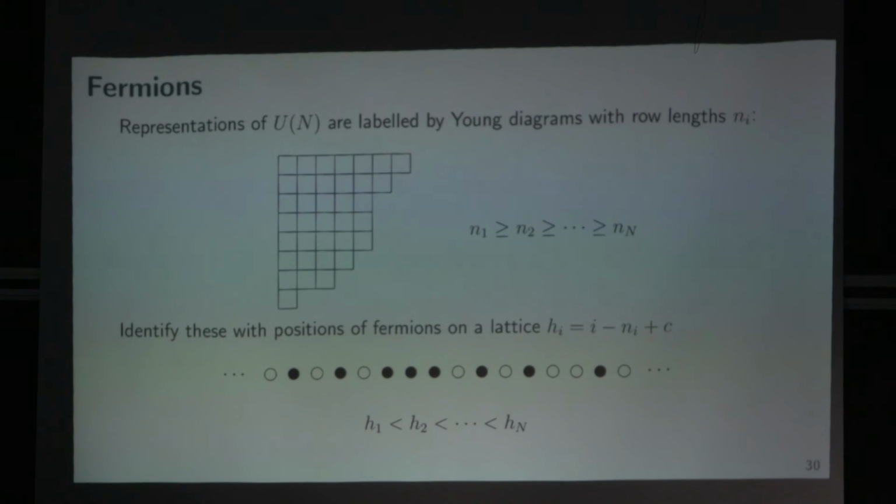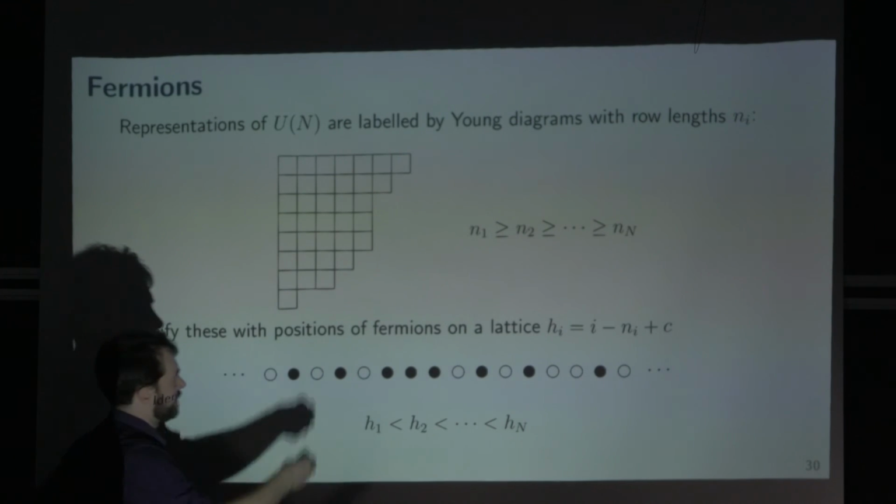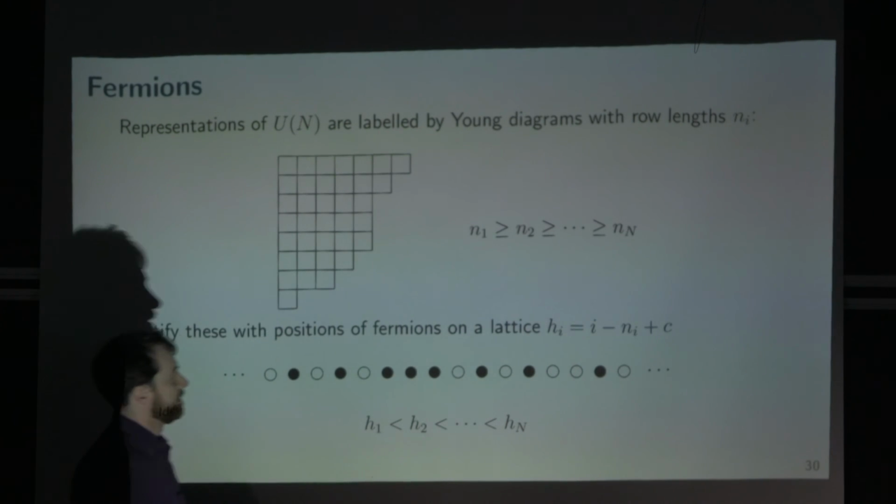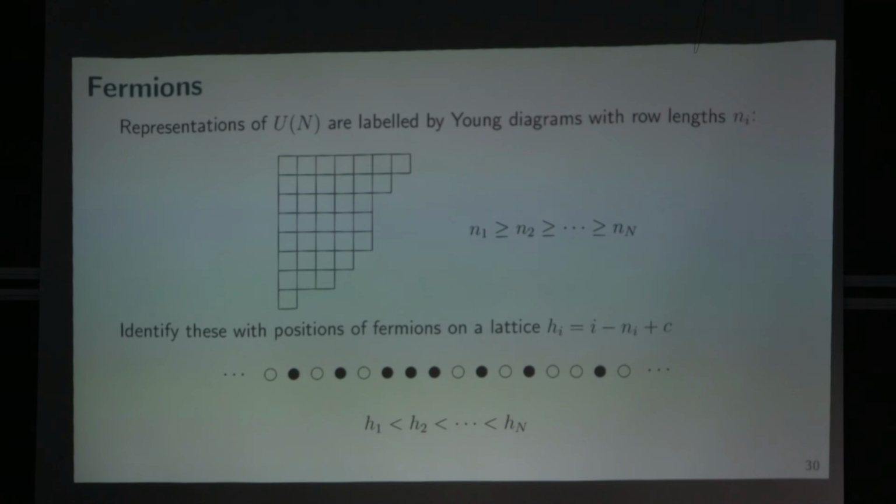Okay. So now I want to describe what this fermion model is. It's natural to go back to the Yang-Mills theory and think about its states. The natural basis was a basis of representations, and the irreducible representations of U(N) we can label by Young diagrams, so some set of integer row lengths, n1 through nN, a non-increasing sequence.